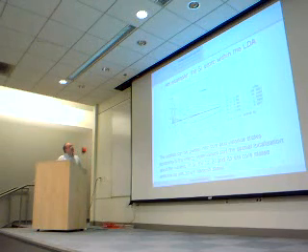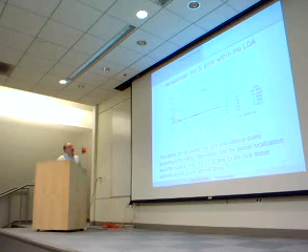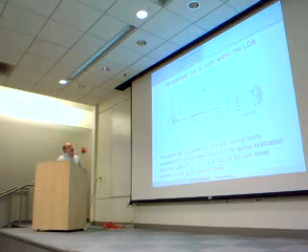And as we increase n, from the 1s to the 2s, we have one more node. So the 1s has no node, the 2s has one node, and the 3s has 2 nodes.